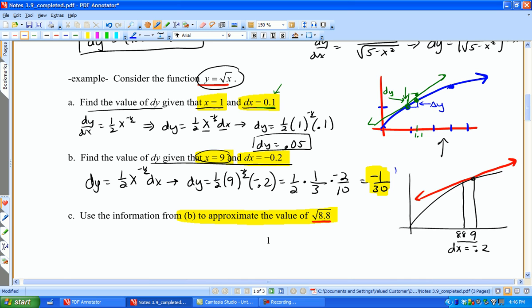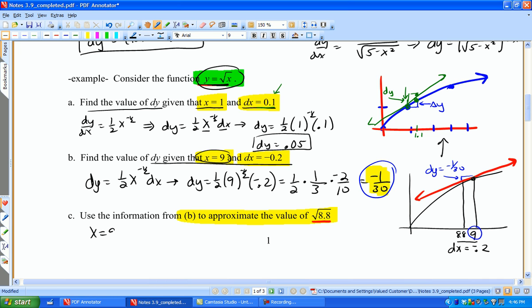By computing that dy is negative 1/30, I'm saying that if I move from 9 to 8.8 on the curve, then the change in the y value is about negative 1/30. If x were 9, what would the y value be? Remember, we're on the function y equals the square root of x.